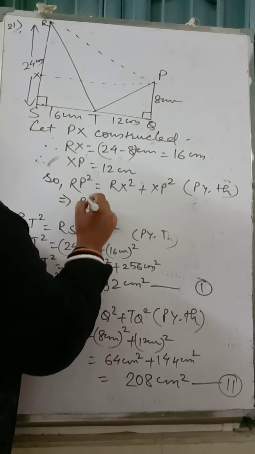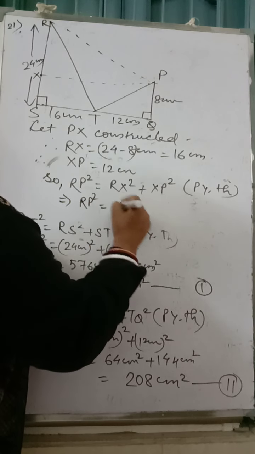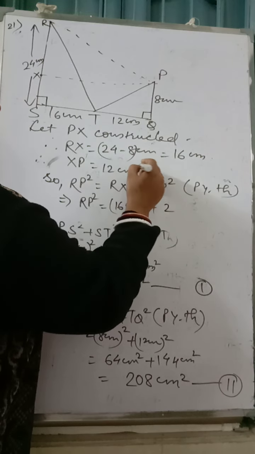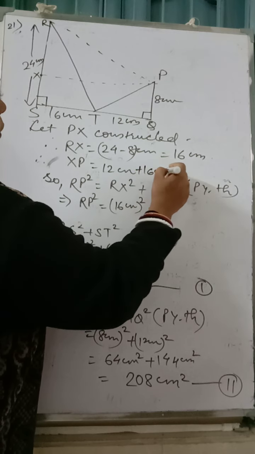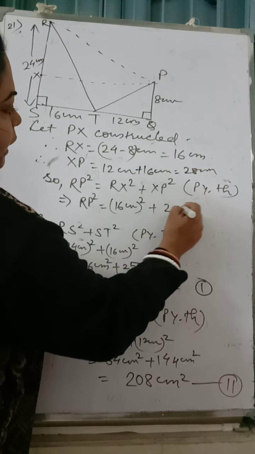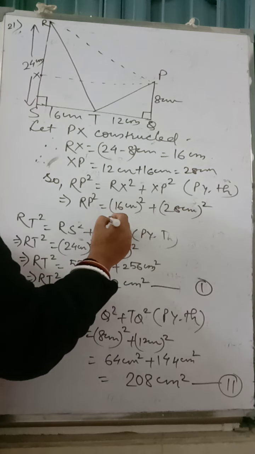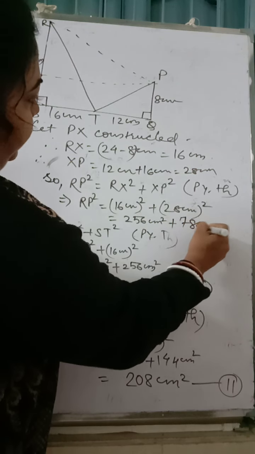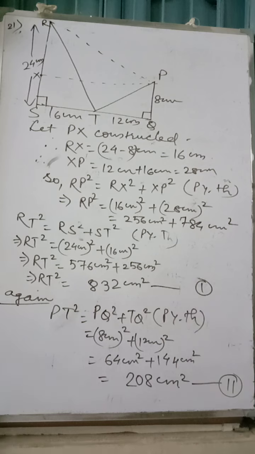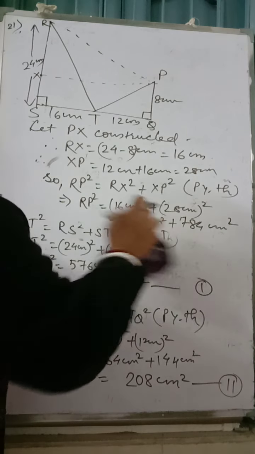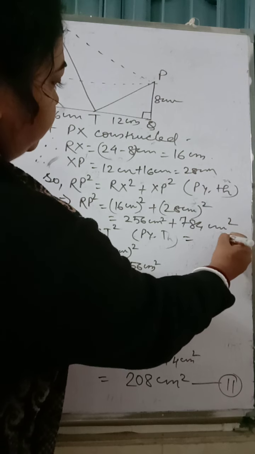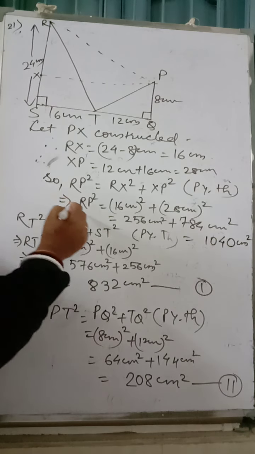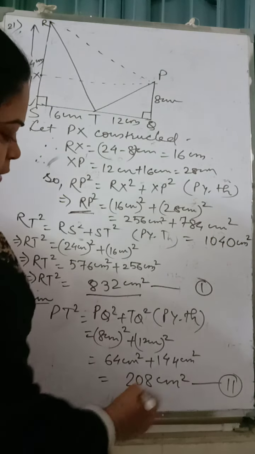Or RP square we are getting 16 centimeter whole square plus XP is 12 plus 16 centimeter is equal to 28 centimeter whole square, or it gives you 256 centimeter square plus 784 centimeter whole square, or it gives you 1040 centimeter square.